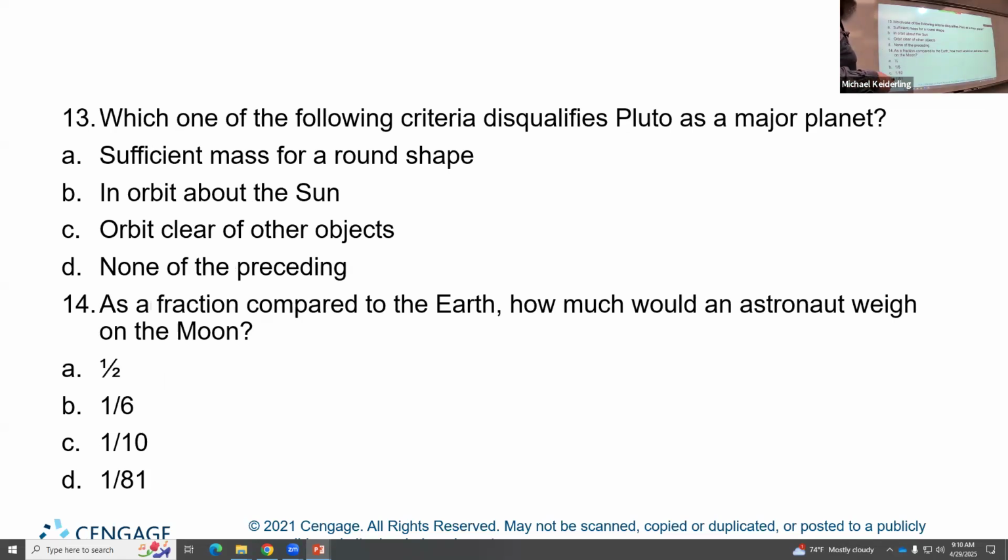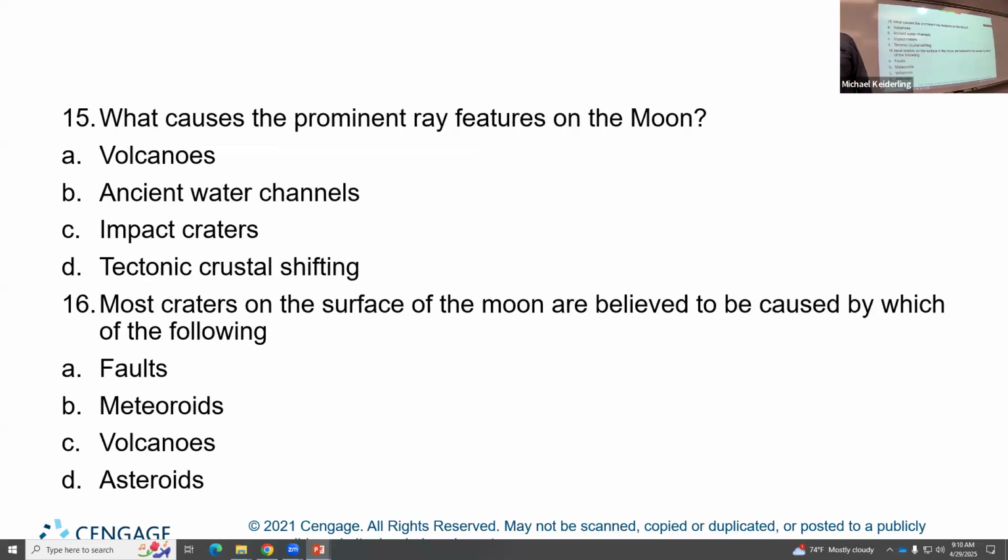And as a fraction compared to Earth, how much would an astronaut weigh on the moon? 1/6. What causes the prominent ray features on the moon? That is impact craters. And most craters on the surface of the moon are believed to be caused by which of the following? Meteoroids.